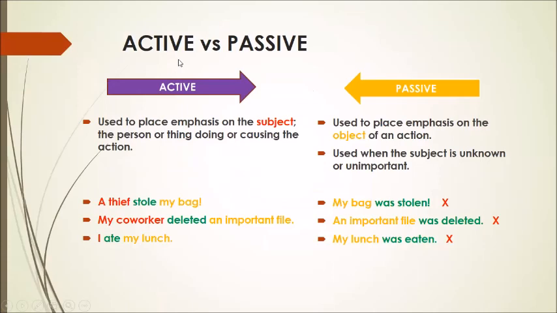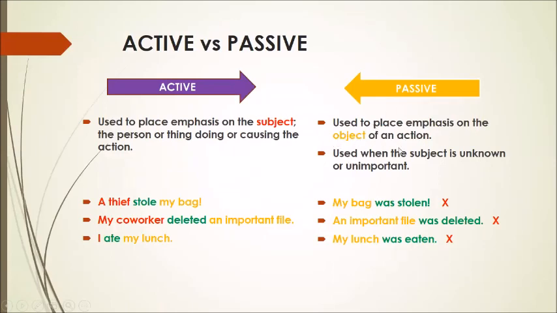What is going to be the use? Remember that in an active voice, we use it to place emphasis on the subject, the person or thing doing or causing the action. A thief, a co-worker, I. Then in the passive voice, it is used to place emphasis on the object of an action.